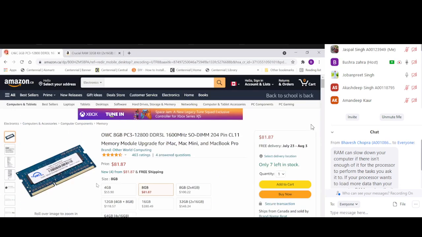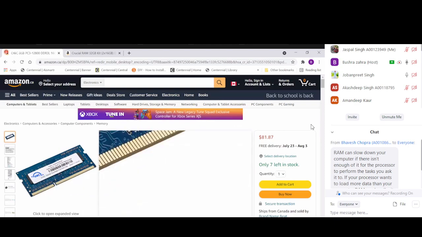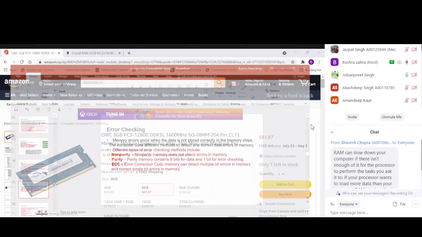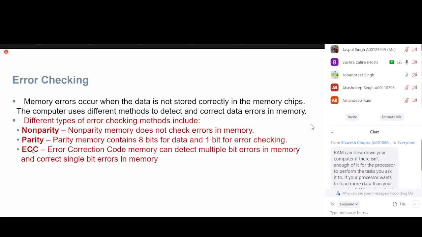That's why. Okay. So anyway, you will find some letters like it's a kind of ECC memory or a kind of parity or non-parity. If nothing is mentioned, then it's non-parity. Non-parity is an error checking technique, right? Parity checks the parity. So like memory, let me summarize briefly and tell you.